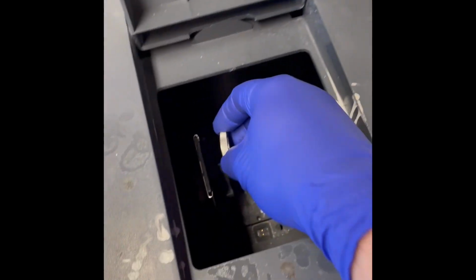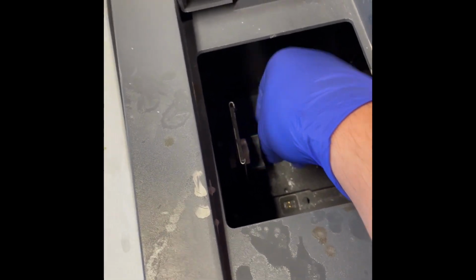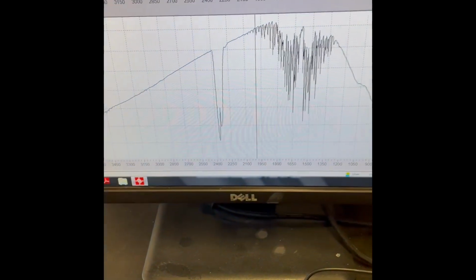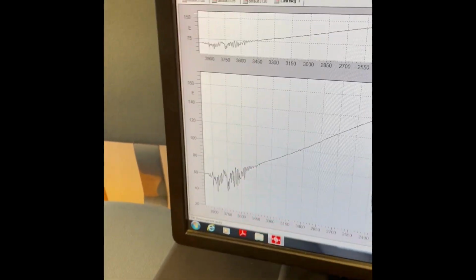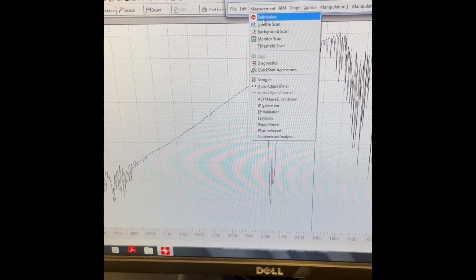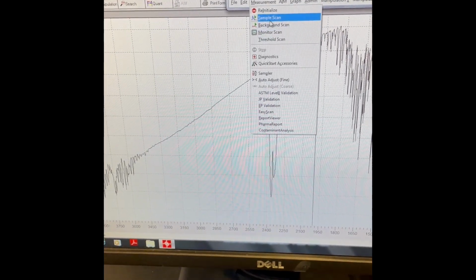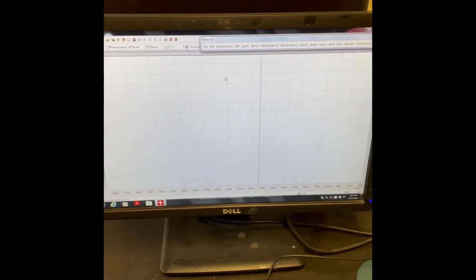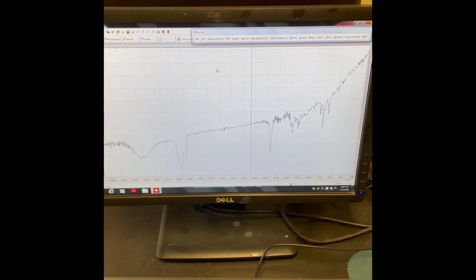I'm going to go ahead and place this in the IR machine, which I've already run a background on. That's what this is. And then I'll click measure, and then measurement again, and then sample scan. See what this looks like. It's live.